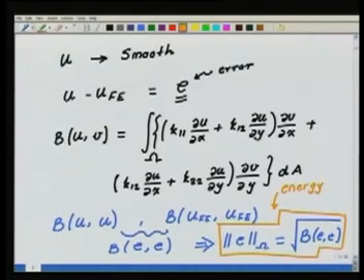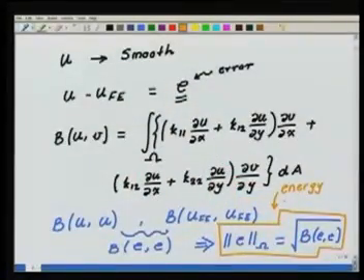Why are we calling it energy norm? Because it is in some way related to what we know as the strain energy. Though this is not a problem of mechanics, we define it like this. Once we have this energy norm defined, the question is, with respect to this quantity, what do I expect?